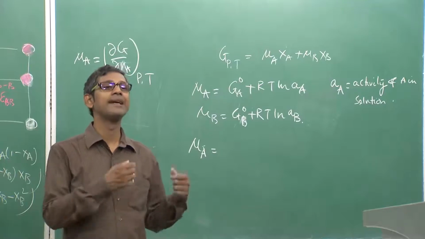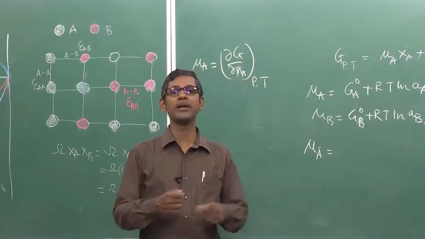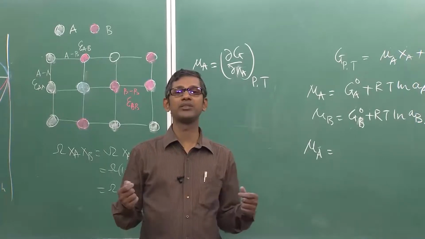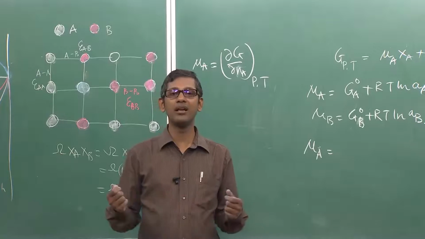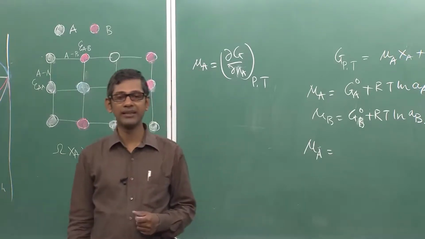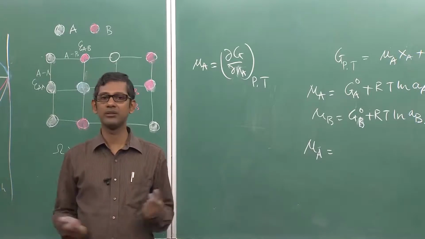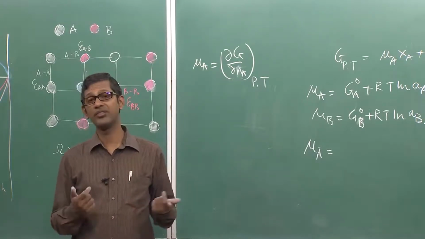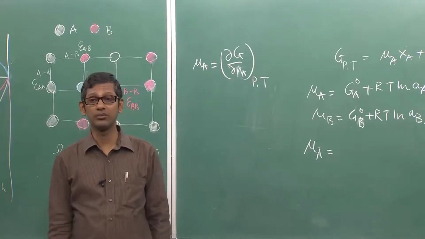But when you prepare liquid solutions with concentrations in the middle, like XB values of 0.3, 0.4, 0.5, 0.6, 0.7 or even 0.8, deviations from Raoult's law are observed.